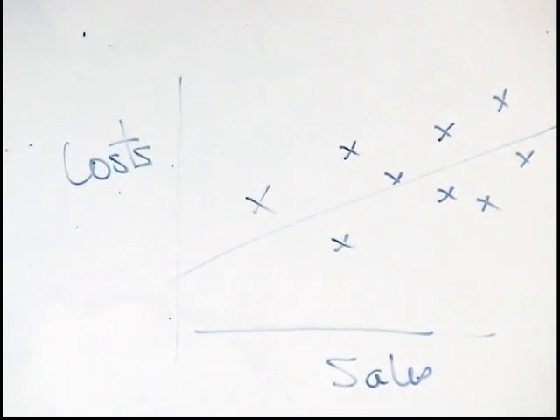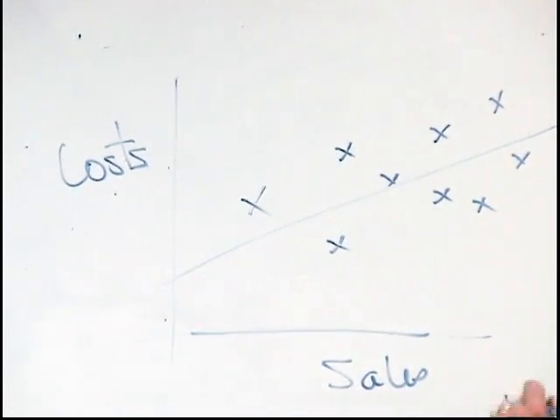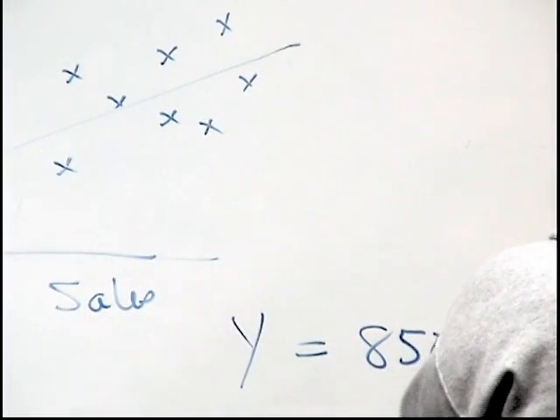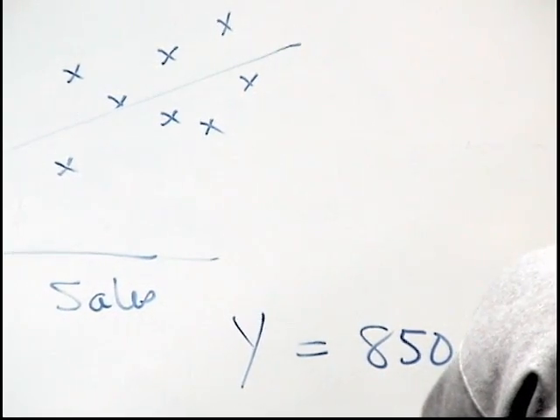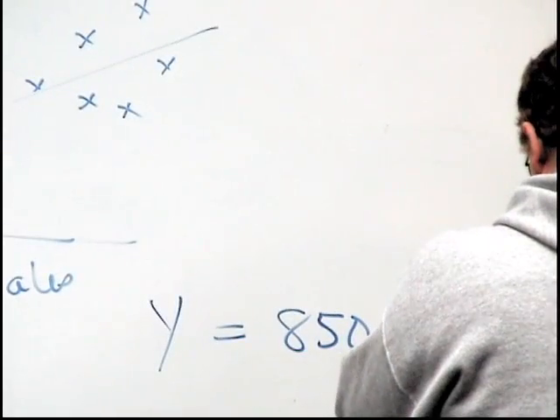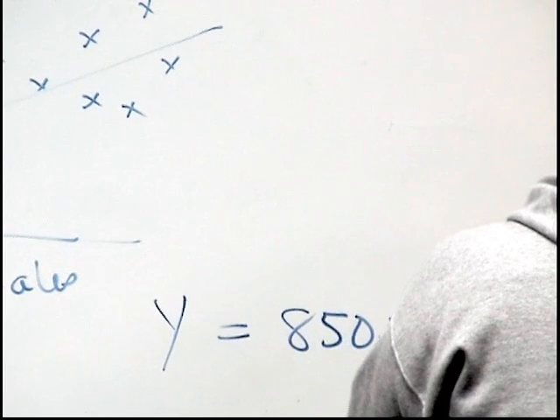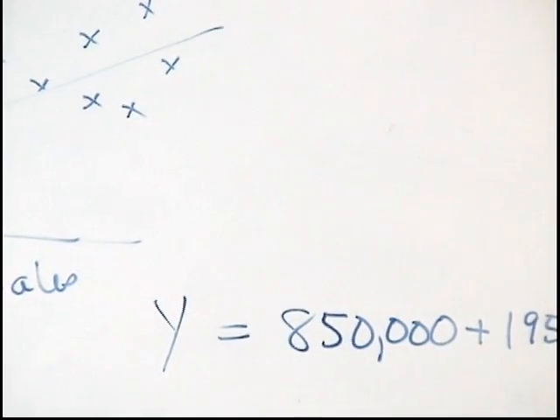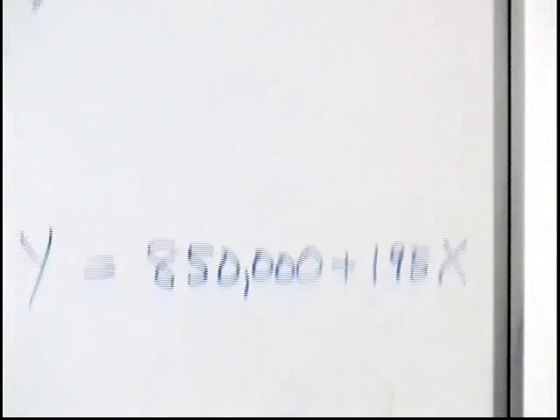And let's see if I can do this right. Suppose you get the equation y equals $850,000 plus $195X. What does that mean?